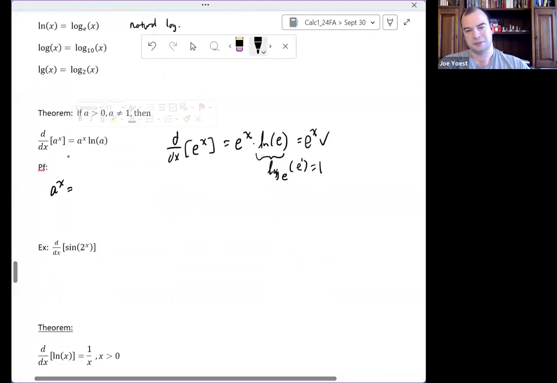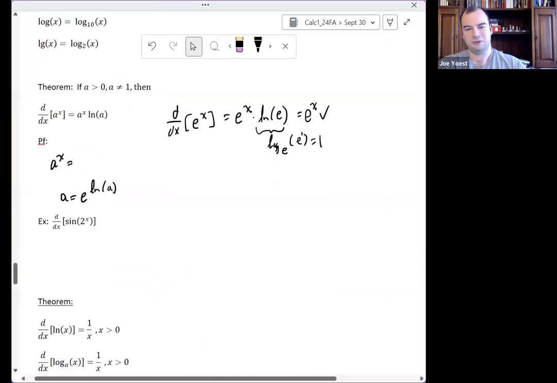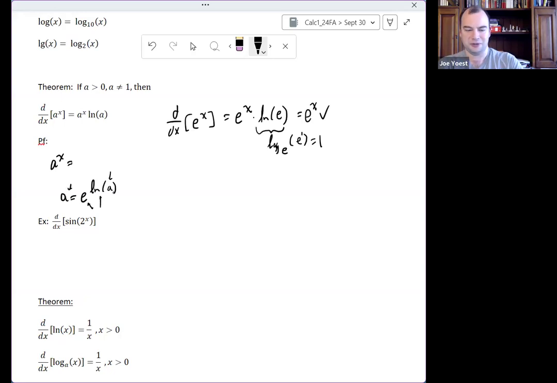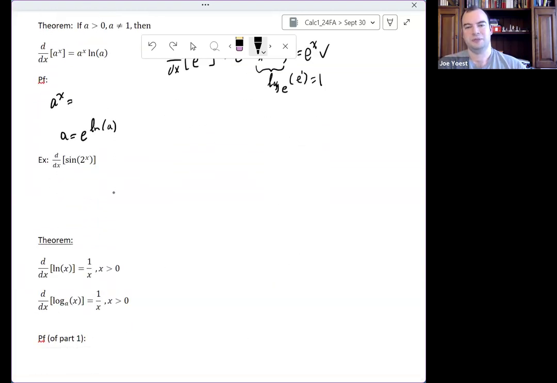Yeah. I confuse myself here because I have a being used one way up here and a different way down here. But if I have base to the log base of something, that's something. My a is just playing different roles in the two different places. Sorry about that. But a equals e to the log base e of a.